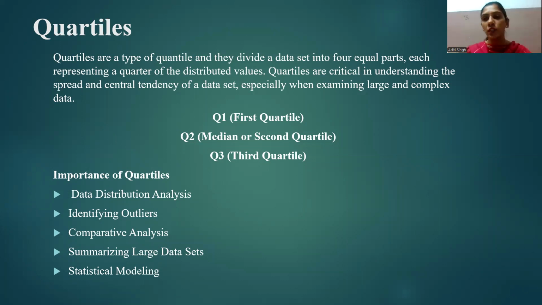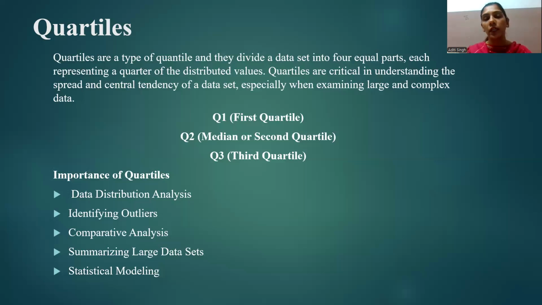Q1 is the first quartile, the median of the lower half of the data, which is the 25th percentile. The second quartile is denoted Q2, which is the median of the entire data set, the 50th percentile.